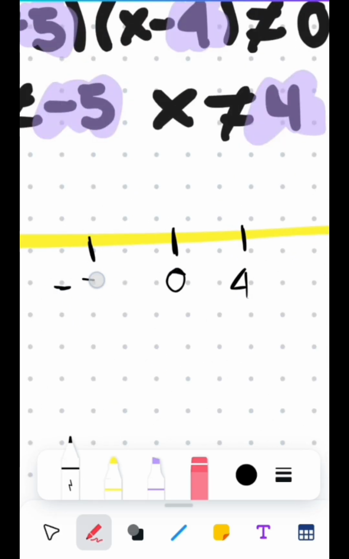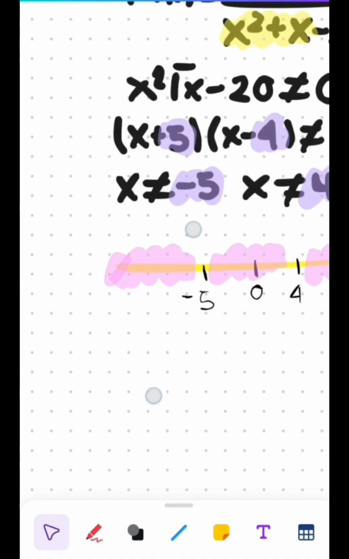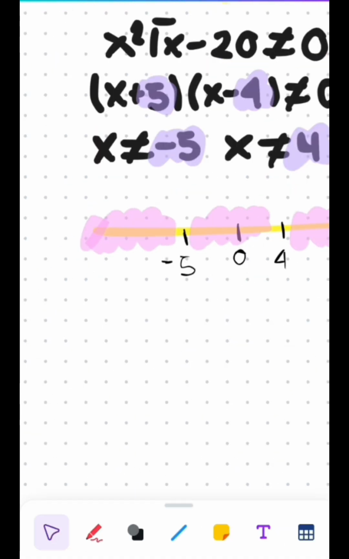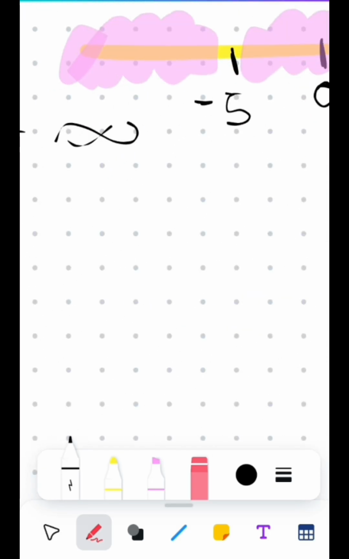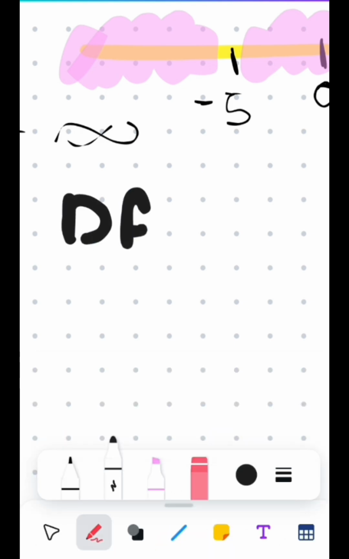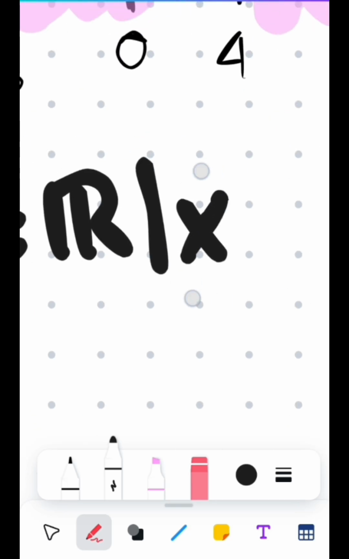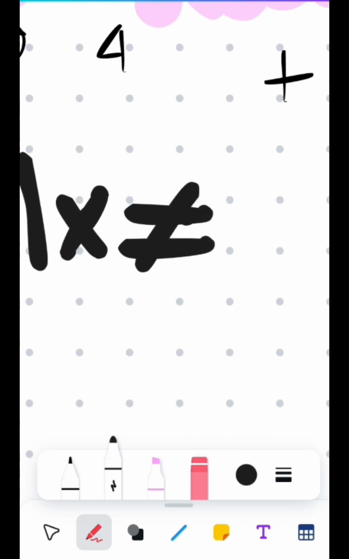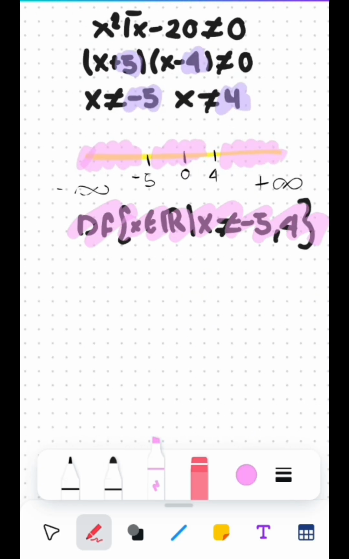So in the graph we can take any real number except negative 5 and 4. This means the domain will be negative infinity to negative 5, union negative 5 to 4, union 4 to infinity.